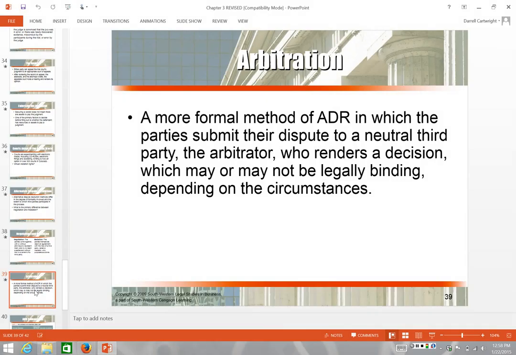Similar in many ways to mediation, and different in other ways, is arbitration. Arbitration is more formal than mediation. It is also involved with a third party, and the third party here is known as an arbitrator. The arbitrator, unlike a mediator, generally has power.